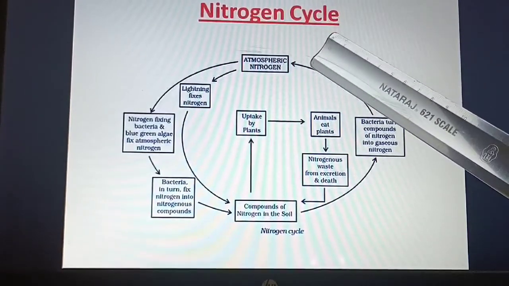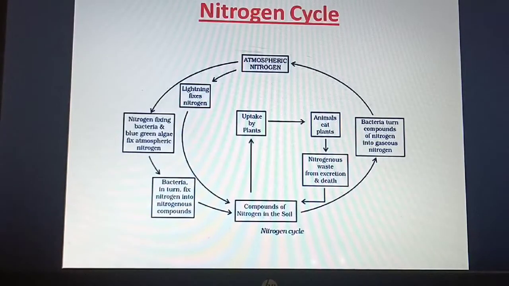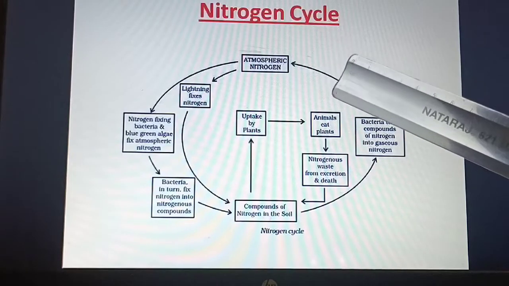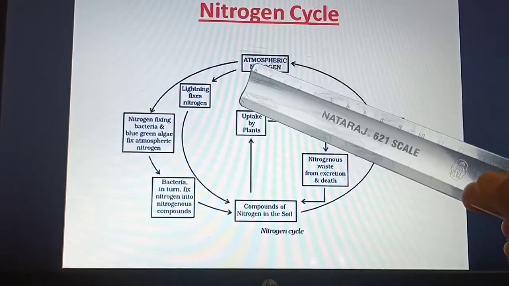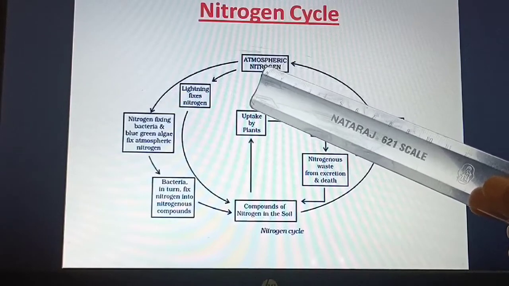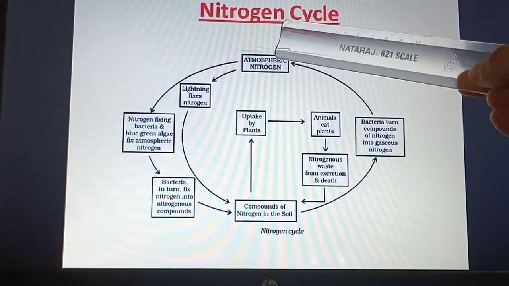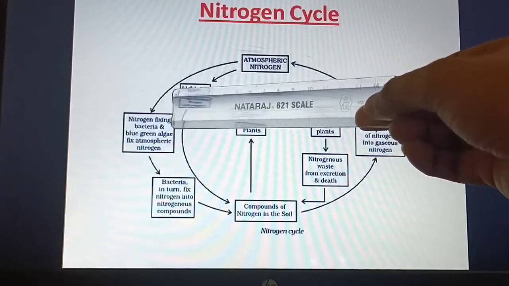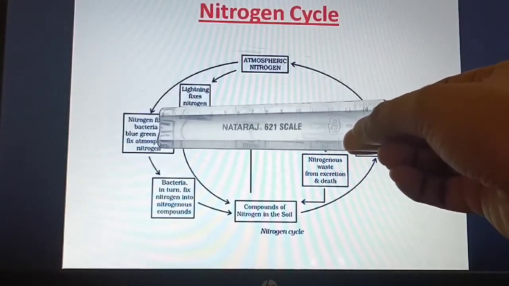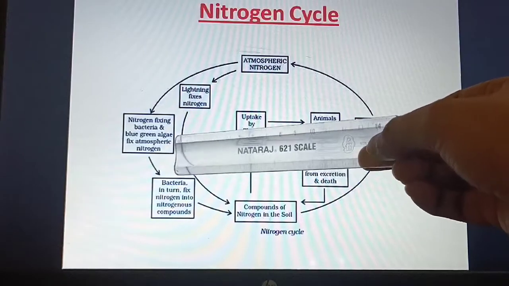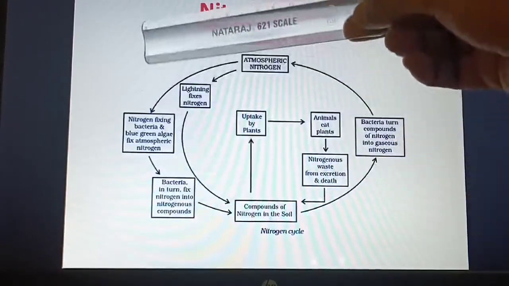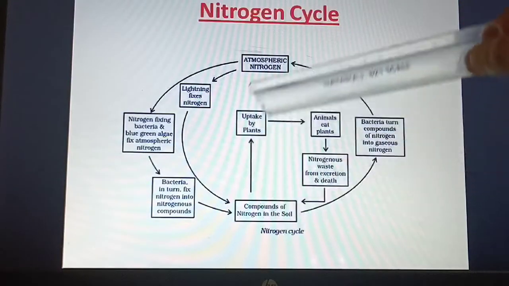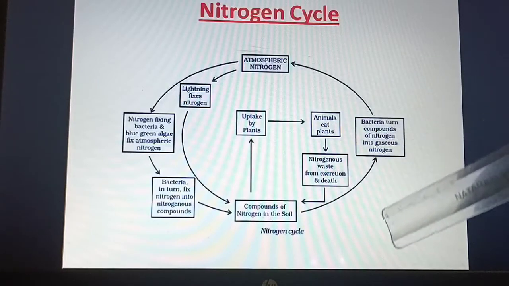As I said, nitrogen also gets fixed through the act of lightning. Then nitrogen fixing bacteria and blue-green algae fix the atmospheric nitrogen, and the bacteria fix nitrogen into nitrogenous compounds, which again go to the soil. So the process repeats.